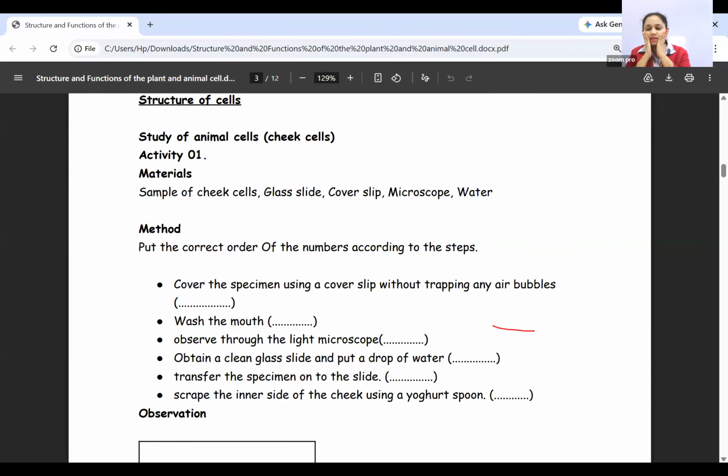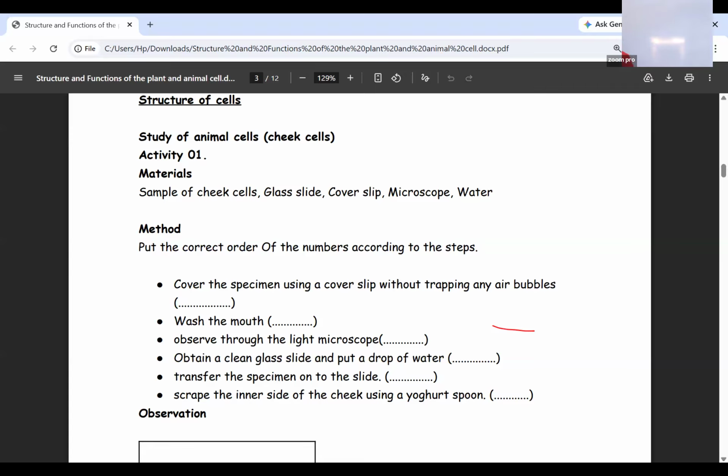Cheek means, you know, the cheek, right? Cheek cell, not from the outside. Open your mouth and inside the cheek, we are observing the cells. Then what are the things we need? Sample of cheek cells, glass slide, cover slip, microscope, water, right? Those are the things.